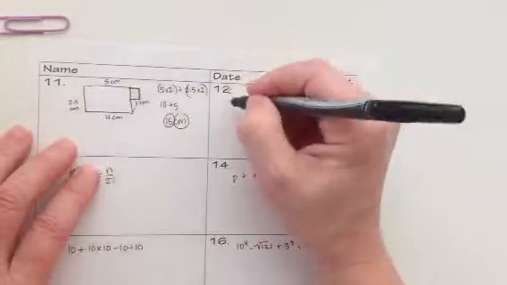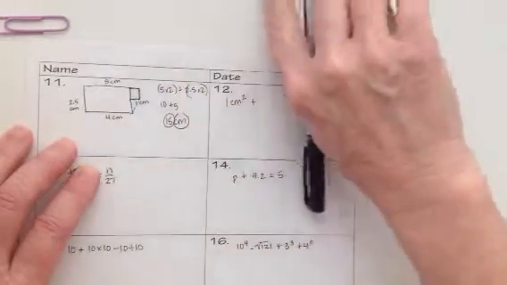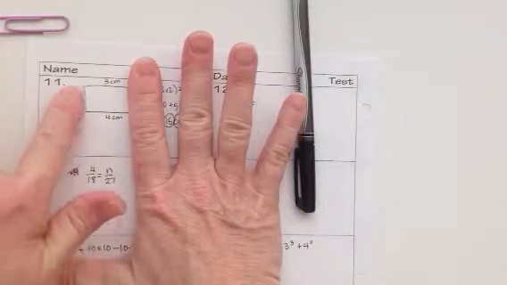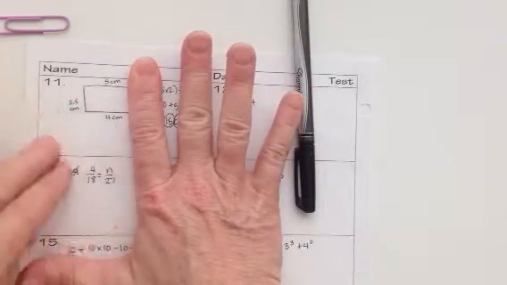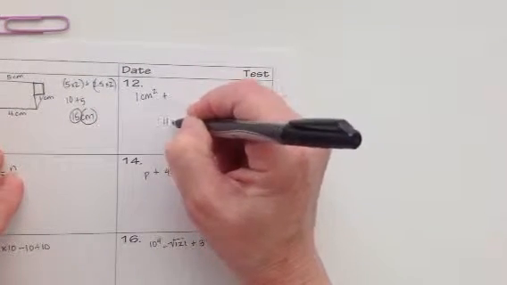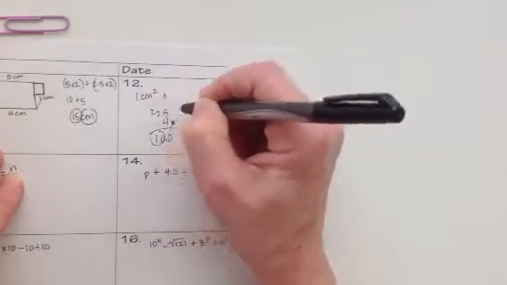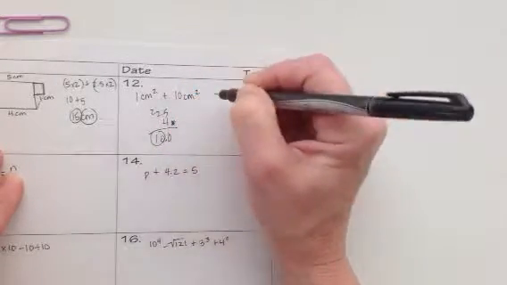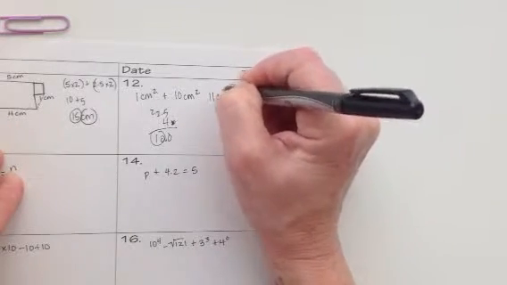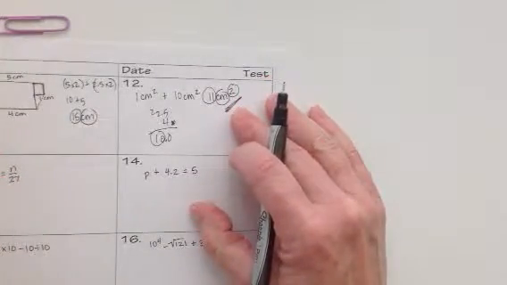So this little square is, what's 1 times 1? 1 centimeter squared plus, alright, now I've taken that off, so I only have 4 by 2.5. So I'm going to take 4 times 2.5, and I got 10, so 10 centimeters squared. So what's 1 plus 10? 11 centimeters squared. Do not forget the labels or it will be incorrect.